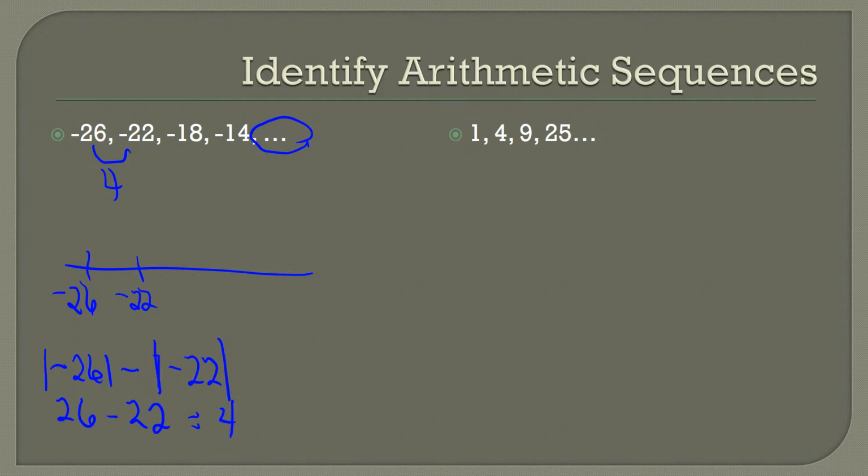Now, that's just between the first and the second number in the set. And now I've got to look at each successive number to see if this common difference holds true.